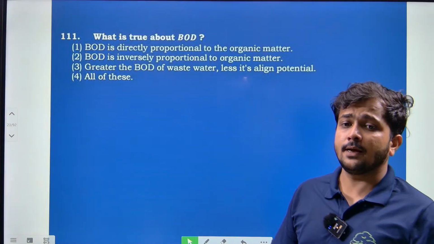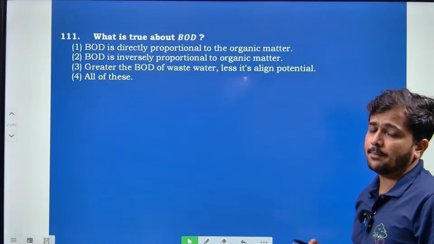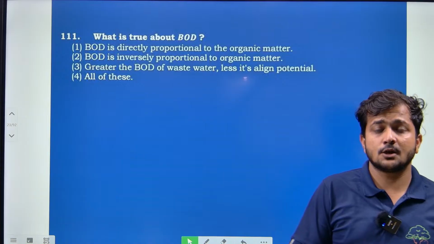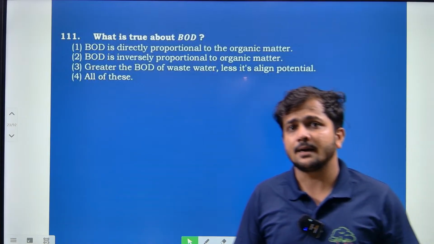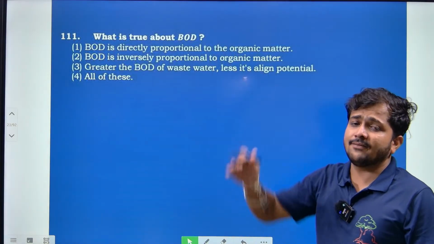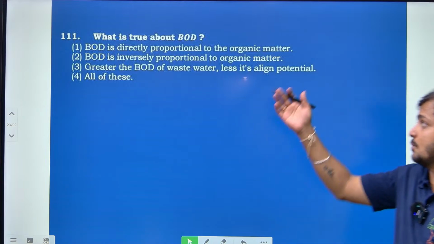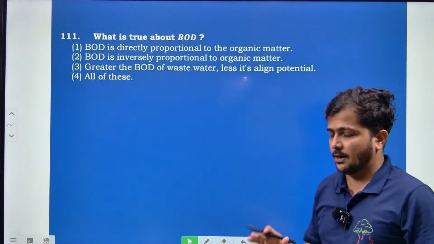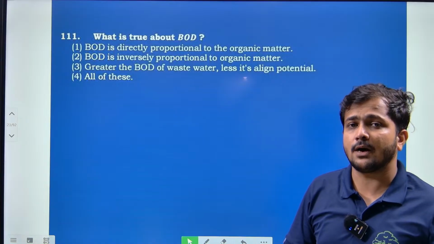BOD is directly proportional to the organic matter, because the definition of BOD itself tells you it is the total organic matter present in water. If the BOD is greater, then definitely the highest pollution, with respect to the water, is what we are going to see.